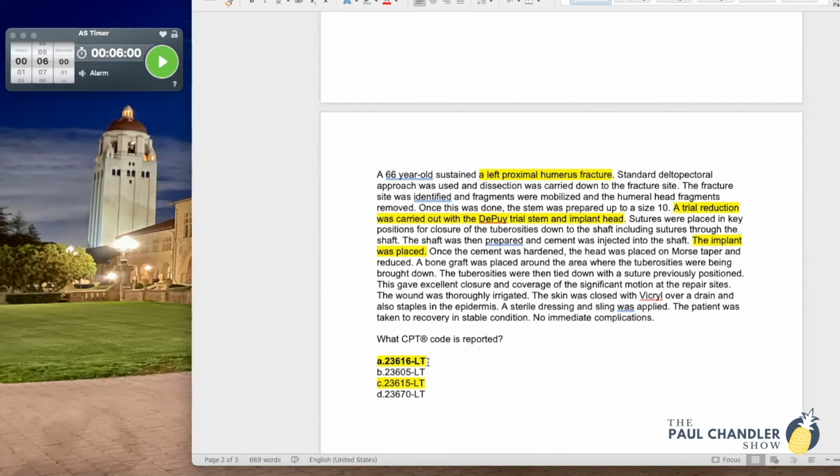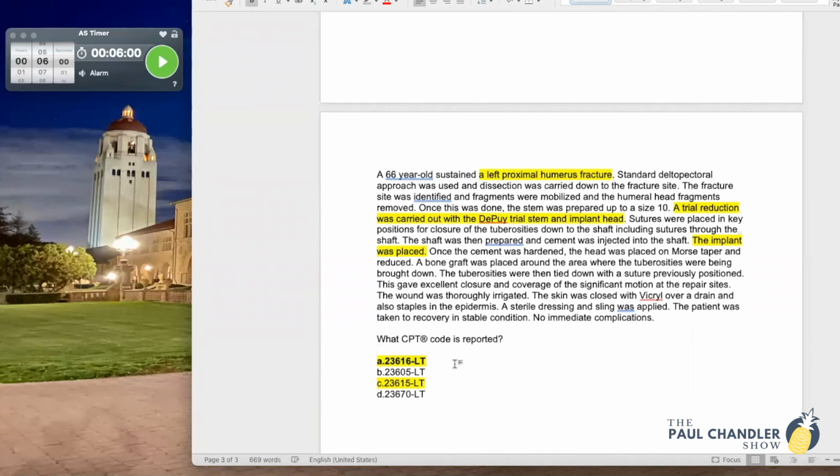When I have a situation like this, I go Alpha, Bravo, Charlie, Delta in order, meaning 23616, even though that numerically is second, I focused on it first, because I go in ABCD order, so that way I don't misplace and forget which one I'm looking at. With those 2 codes, 23616 being the first code in the Alpha and Charlie options, I scanned the keywords that I needed for the proximal humerus fracture and the implant, and that gave me that code there.